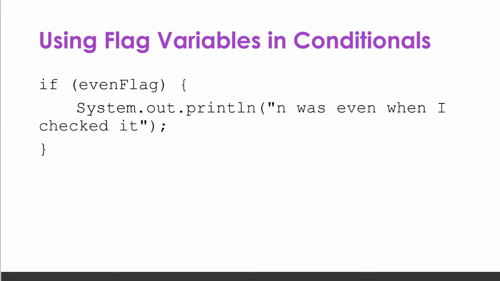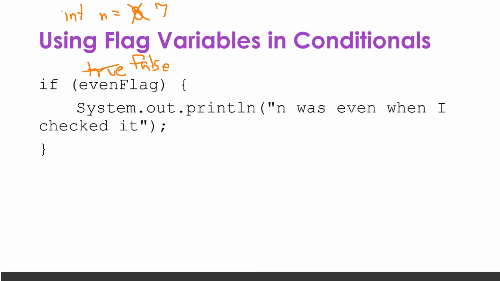If that Boolean from the previous page was something like int n equals 8, and then Boolean even flag equals n modulo 2 equals 0, in that case, this would evaluate to true, and this code would run. Otherwise, if this was something like 7, then this would evaluate to false, and this would not run.